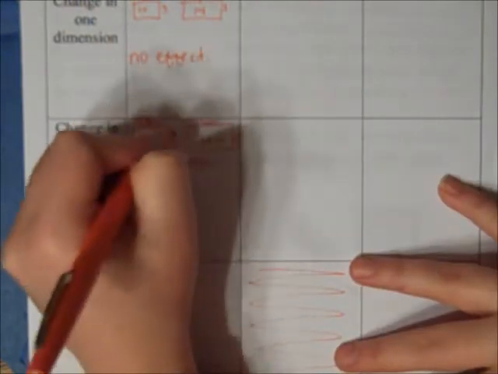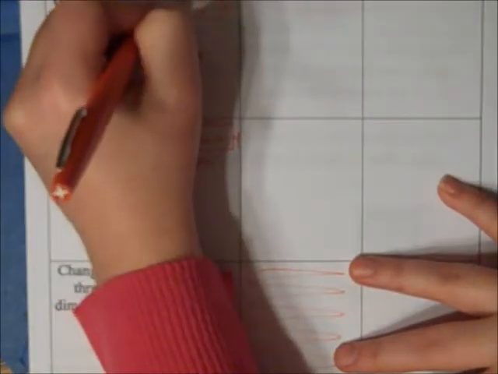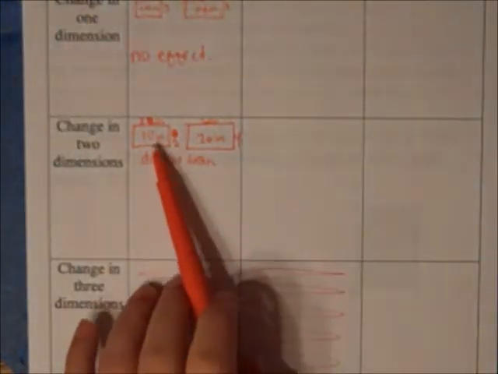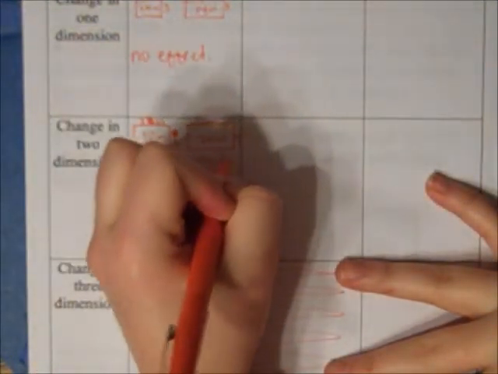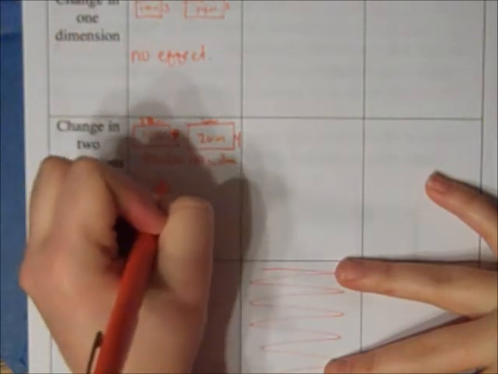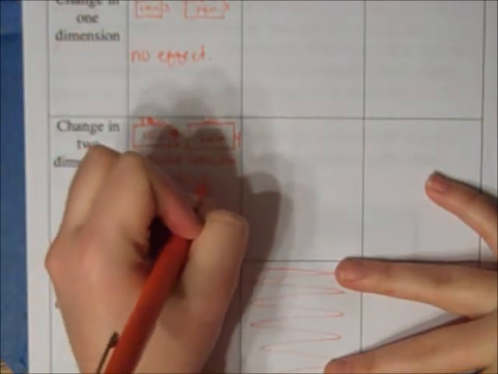So I still have my original perimeter of 10, but my new perimeter is going to be 20. Let's call these inches. So look what happened when I doubled both the dimensions, my perimeter doubled. Double both dimensions, the perimeter doubled.